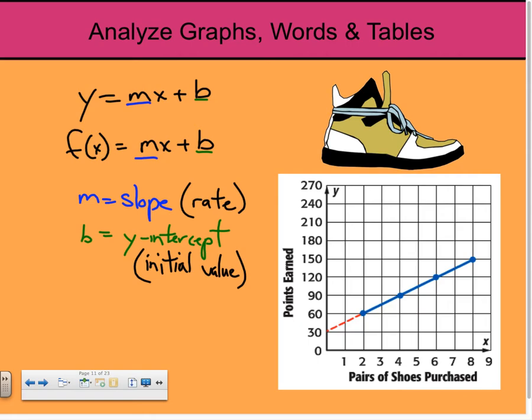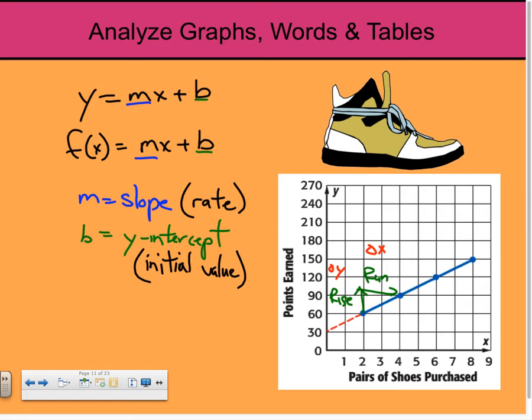If we take a look at this graph, we're trying to find what the rate of change or the slope is. And it's very simple to do that on a graph. We simply do rise over run. And remember that the rise is just the change in y, and the run is just the change in x.